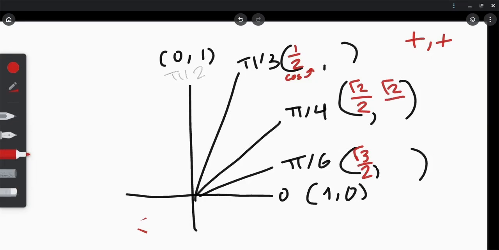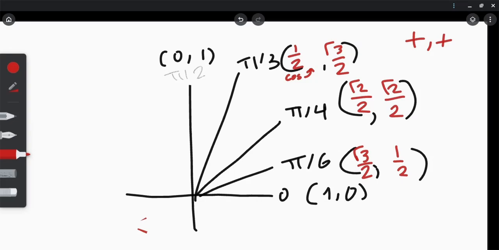Just remember that sine for pi over 4 is also square root of 2 over 2. And sine for pi over 6 is 1 over 2. The sine for pi over 3 is square root of 3 over 2. Coordinate for pi over 2 is 0, 1. That's just a quadrantal angle.